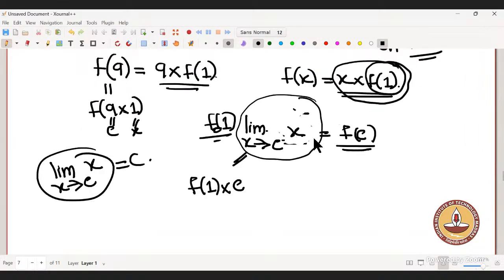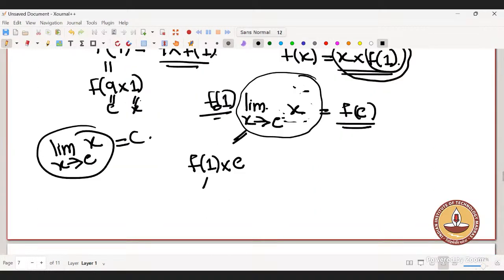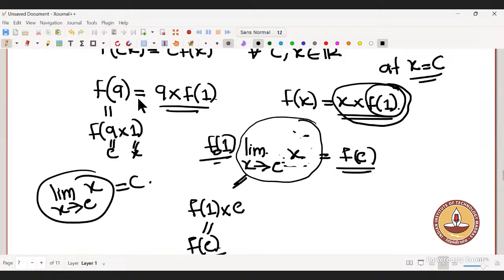Yes, sir. And again you apply the property of this function. This is nothing but what? This is f of 1 times c, which is f of c. Yes. So you are getting that the limit is precisely f of c. That means the function is continuous at c. That means this is a continuous function. Clear? Okay, sir. Yes.